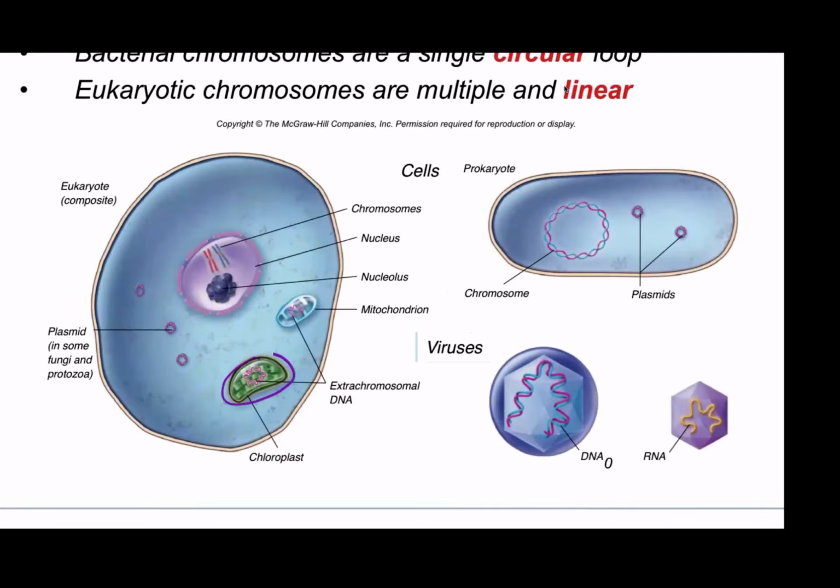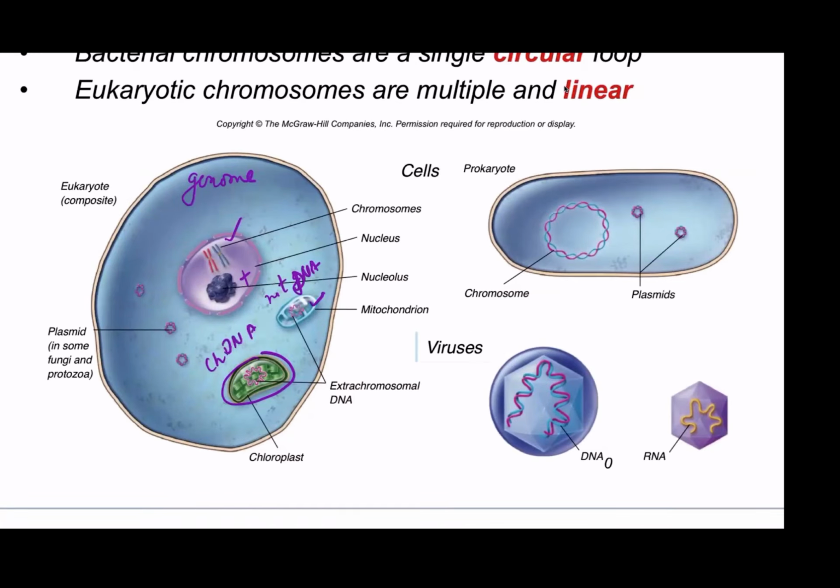When it comes to these three structures compared in one slide, this looks like a plant cell, a cell that has chloroplast. It also has mitochondria and a nucleus. So the genome of this eukaryotic cell will be the sum total: the chromosomal genes, plus the mitochondrial DNA, plus the chloroplast DNA.